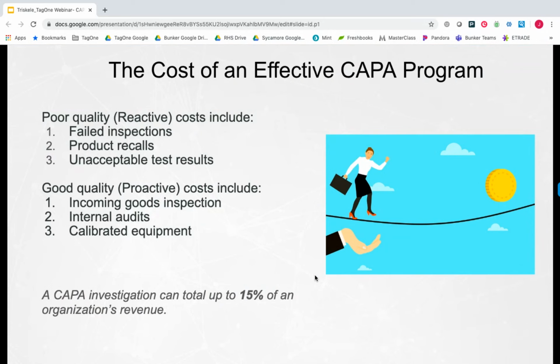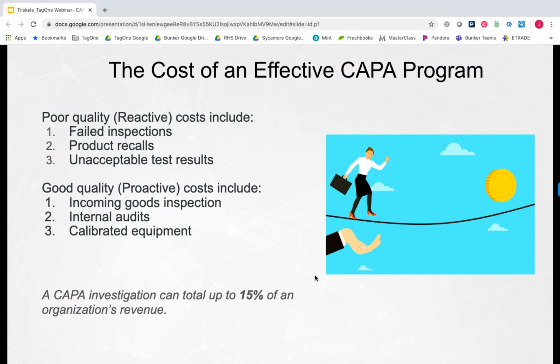Yeah, so the cost of an effective or maybe ineffective CAPA program can be pretty significant. We tend to talk in terms of reactive versus proactive. Reactive, and again, this isn't uncommon still, even in the pharma and med device spaces, is you don't react to issues until they happen.